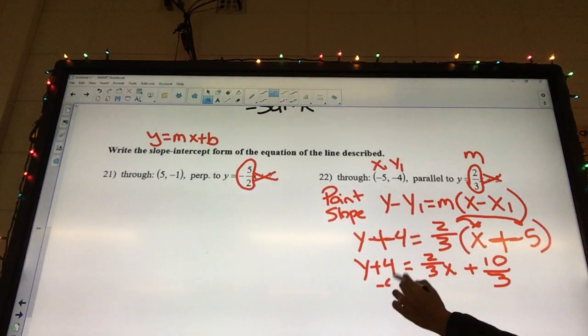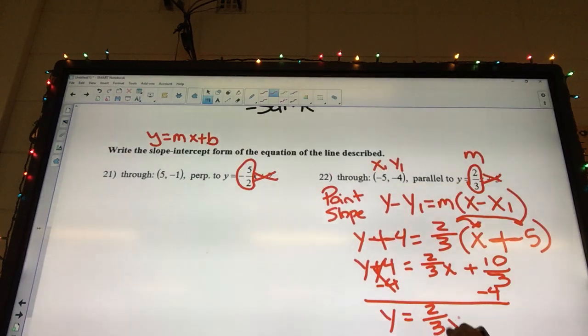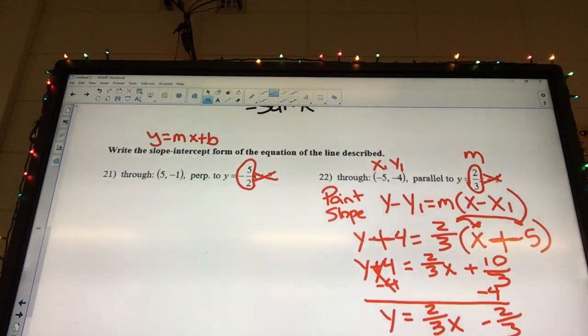Then we gotta subtract 4. So I got y equals 2/3 x minus 2/3.